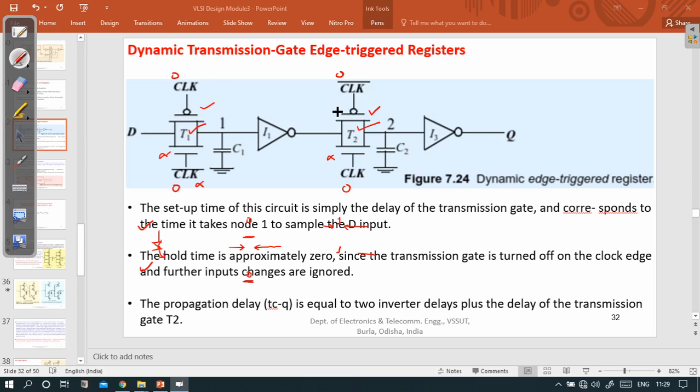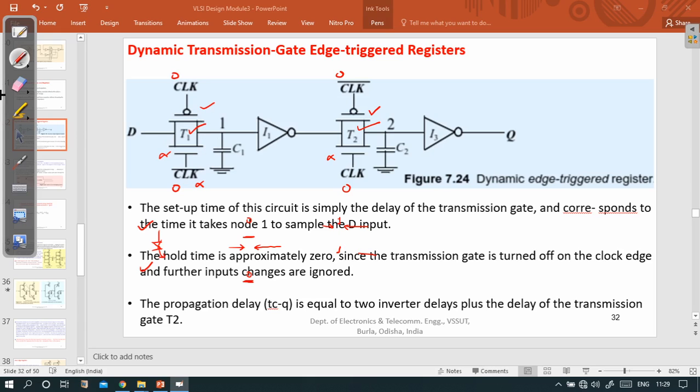When this is on, this should be off, and vice versa, but this is not happening. Whatever signal value is available at the input passes directly to the output Q, which should not happen. This will happen when clock and clock bar are both 0.